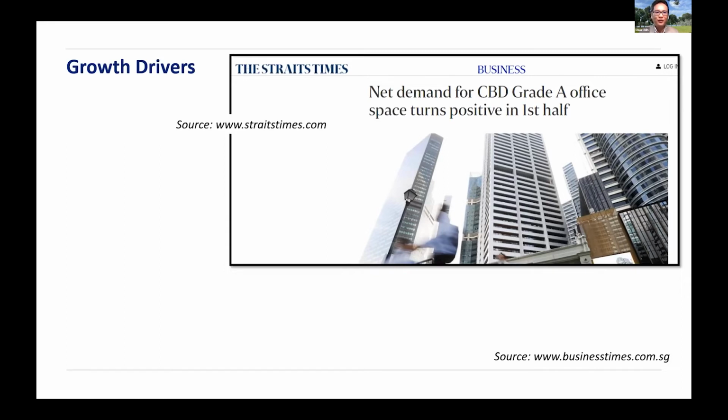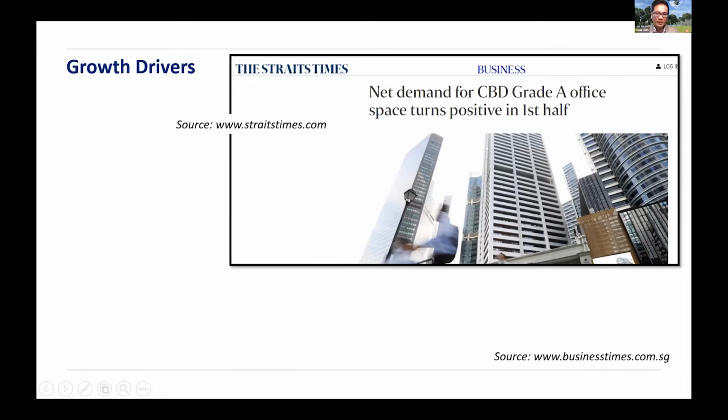Even though COVID, things are bad, people are not spending, people are losing jobs, interestingly we're actually seeing a few growth drivers. Let me give you some evidence. What you see on the screen here is this: net demand for CBD grade A office space turned positive in the first half. So what does this mean?